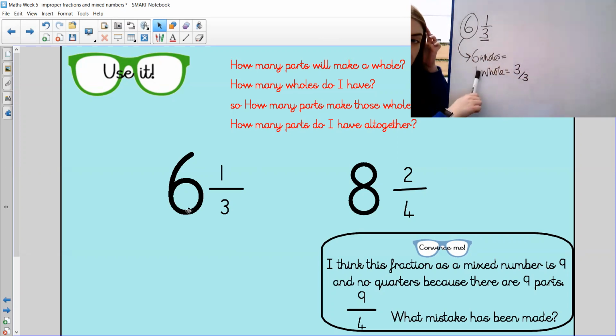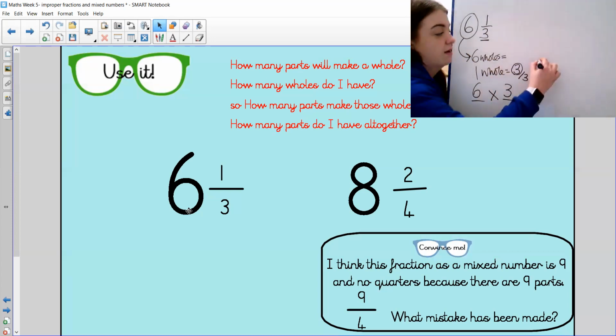If I now have 6 wholes, what is that multiplication that I'm going to have to do? 3/3 make up 1 whole, but I've got 6 of them. So I'm going to have to do 6 lots of 3.